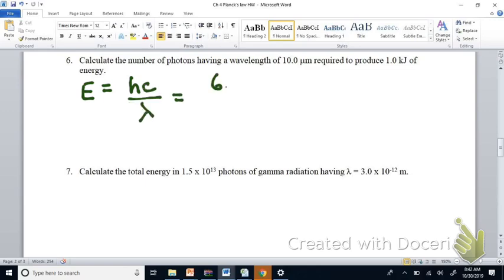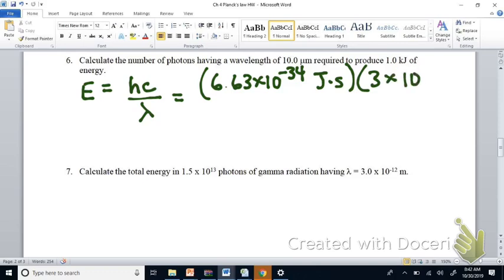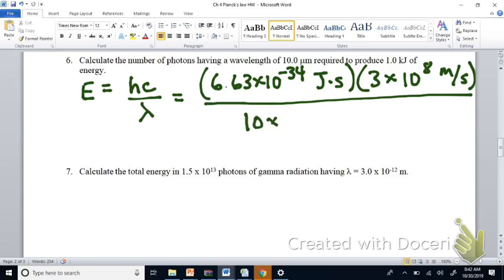Of course, h is going to be 6.63 times 10 to the minus 34 joule times seconds times 3 times 10 to the 8 meters per second. Remember, that's the speed of light in a vacuum, which is what we use for C. And we're going to divide this by the wavelength, 10 times 10 to the minus 6 meters. And so now what we want to do is simplify to find the energy of 1 photon.